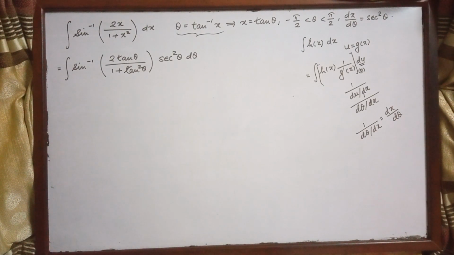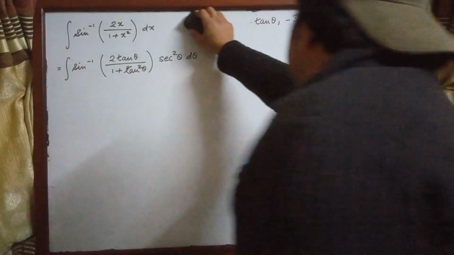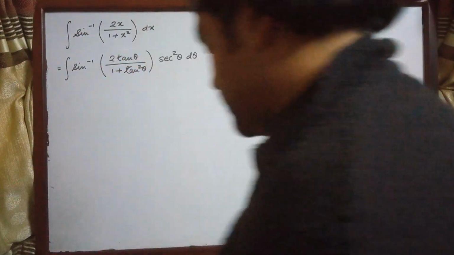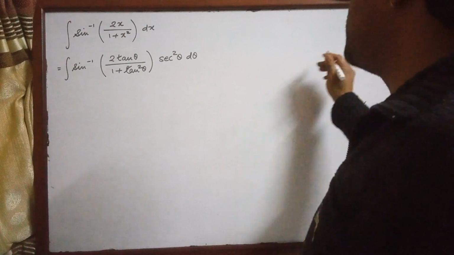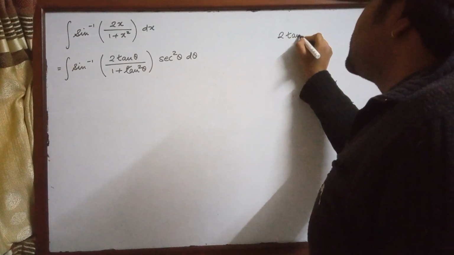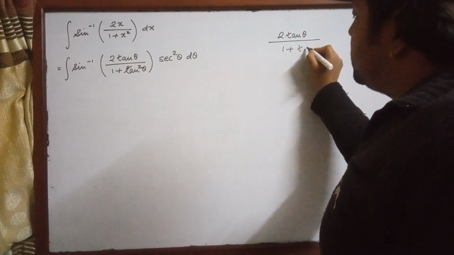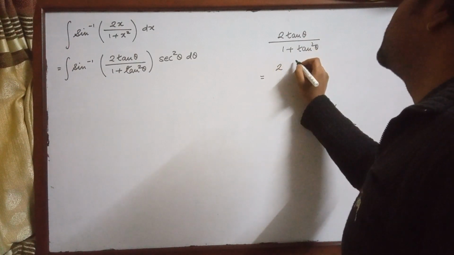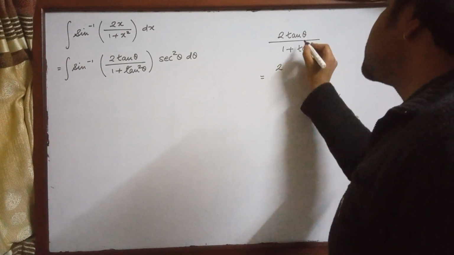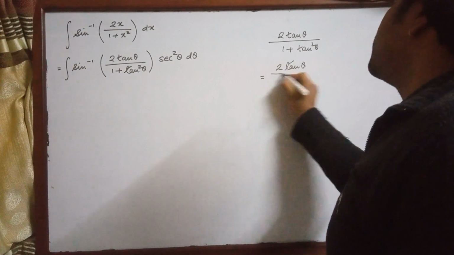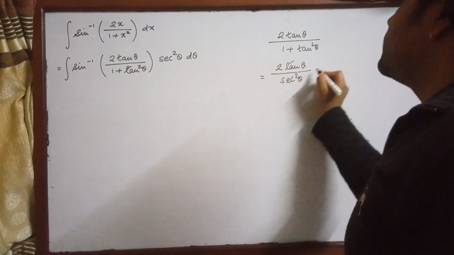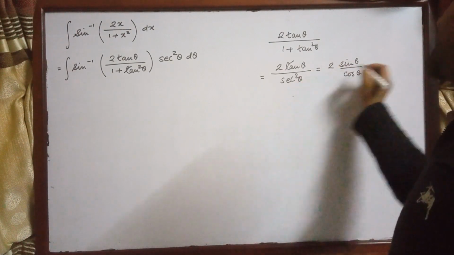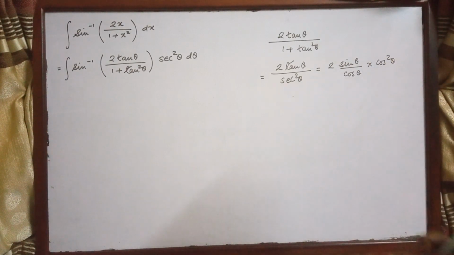Next, let's try and simplify the argument of the inverse sine function: twice tan theta over 1 plus tan squared theta. This is equal to twice tan theta over sec squared, so 2 times sine over cos, and this is cos squared.